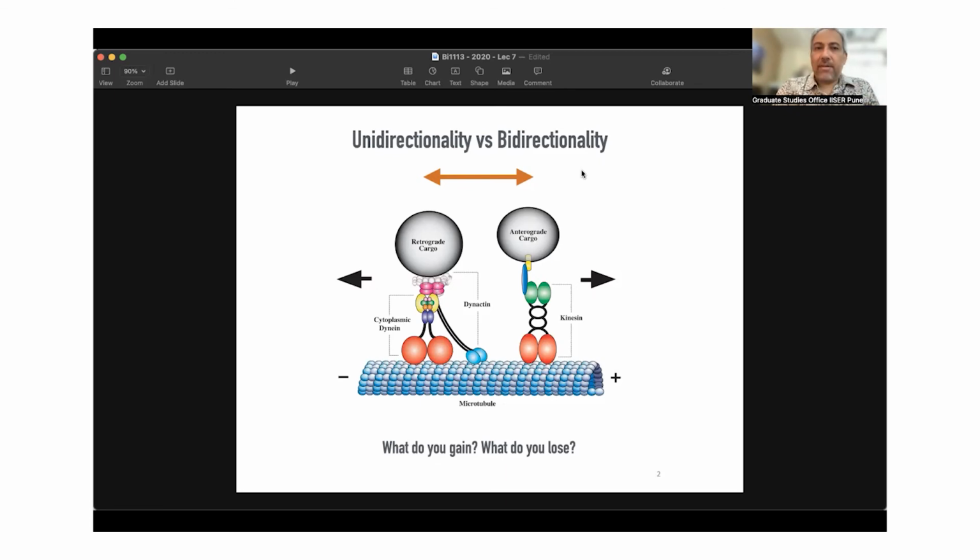So it will require a certain number of changes to happen in the design of the motor proteins, and in the regulators that come and bind to the motor protein, which all need to happen for a motor protein to effectively become bidirectional. So it may not be just a simple on-off kind of change; many players or many parts need to be brought together to allow for that to take place.